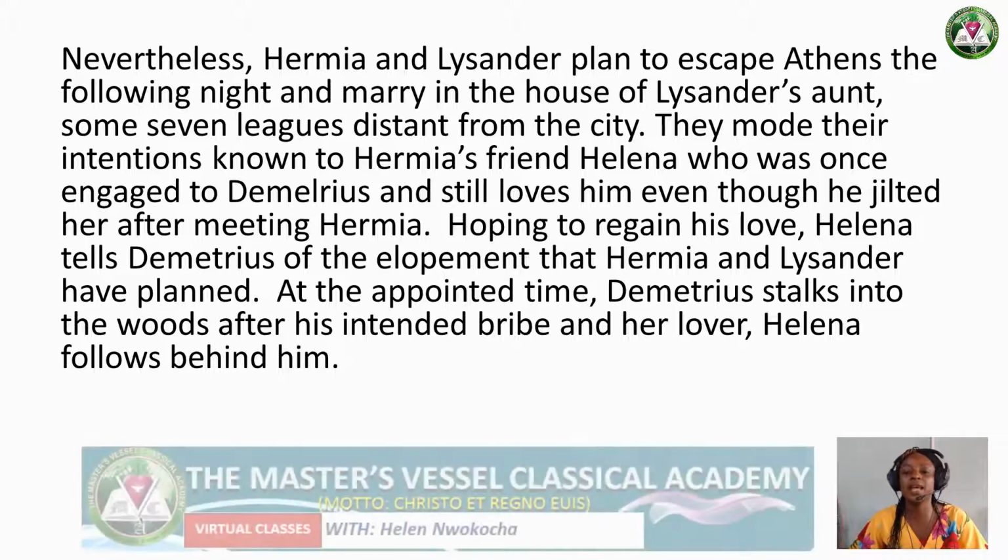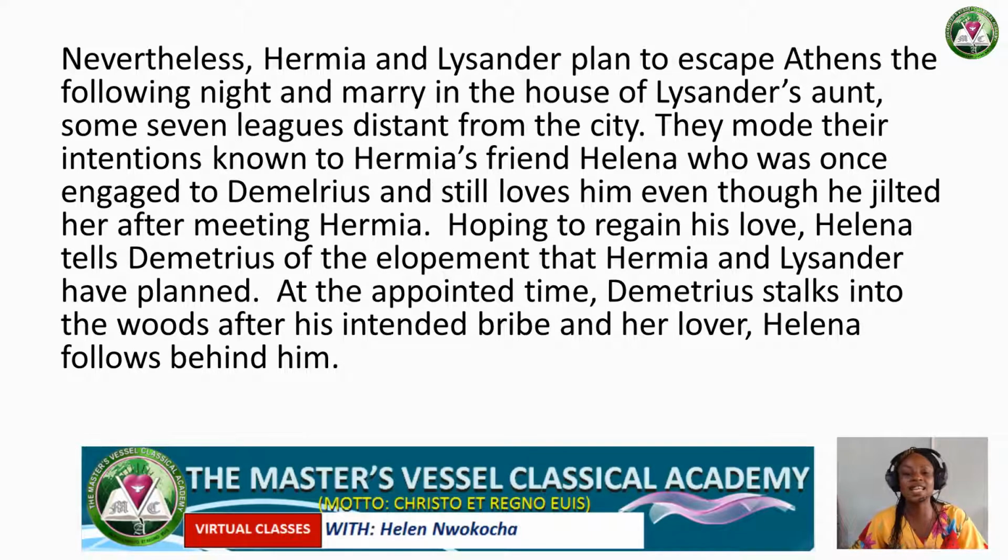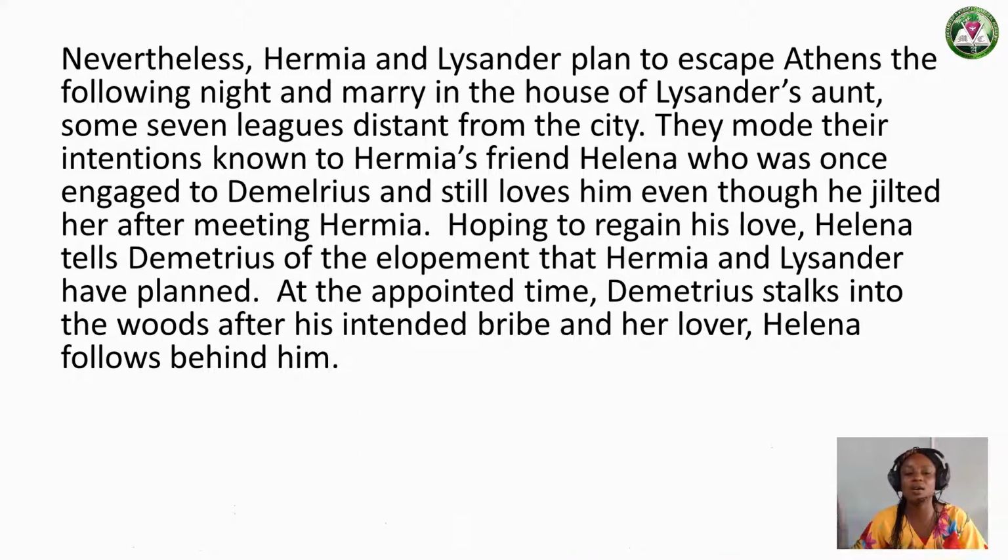Now, hoping to regain his love, Helena tells Demetrius of the elopement that Hermia and Lysander have planned. So at the appointed time, Demetrius stalks into the woods after his intended bride, and her lover Helena follows behind him.